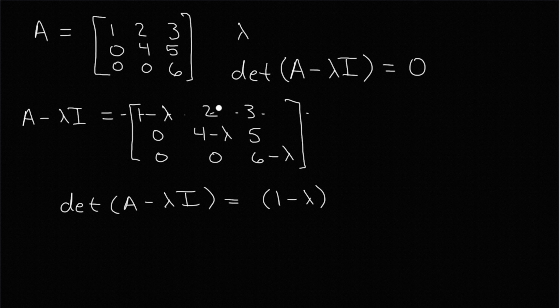So crossing out this first row and this first column, we're only left with this matrix to find the determinant of. So when we do that, we have 4 minus lambda times 6 minus lambda, and then I have to subtract 5 times 0, which would just be 0.